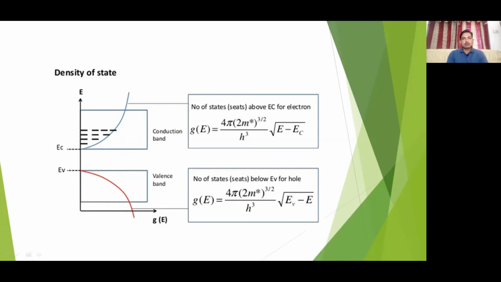So the trend is like this, as you can see in this blue color. With the increase in energy of the electron, the density increases. Right? So this is the trend of the density of states versus energy curve, which in turn gives us the concentration of electrons and holes in the conduction or the valence band.